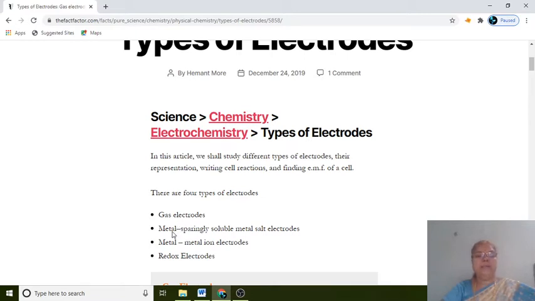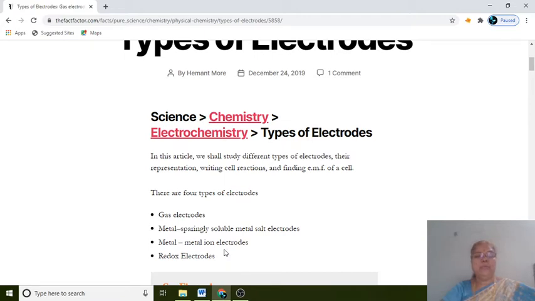The next electrode is the metal insoluble salt electrode, where the metal is in contact with its sparingly soluble salt. And the last type is the redox electrode, that is, the oxidation reduction electrode.